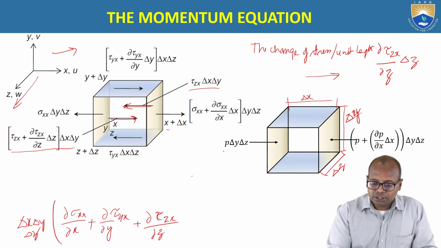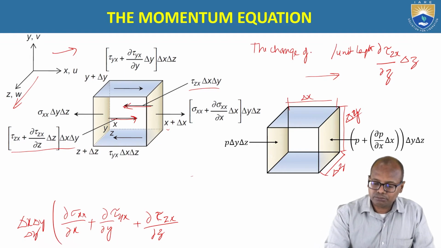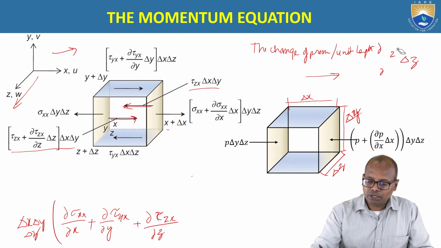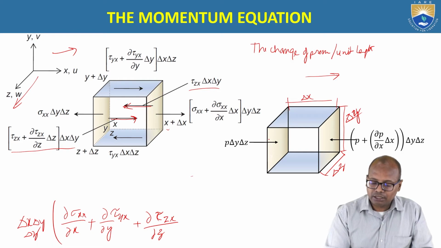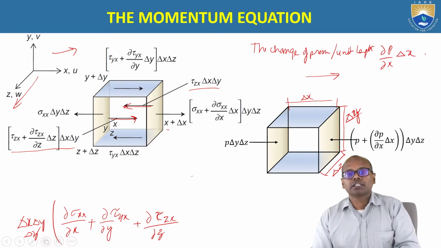Now the change of pressure per unit length is acting in x direction and normal to the face. So it is dou P by dou x into delta x is the net change.